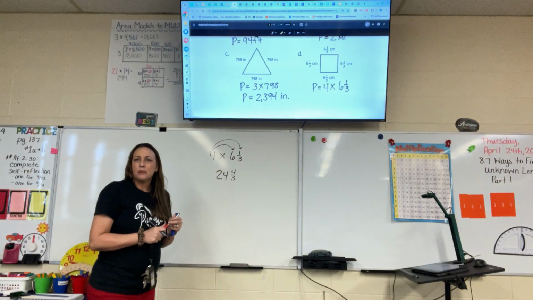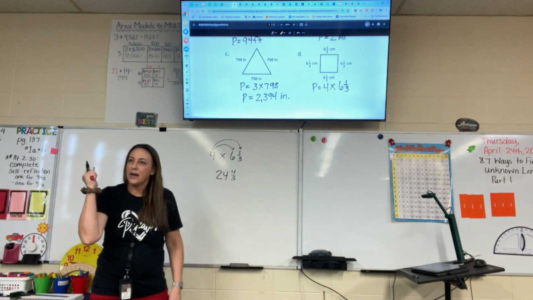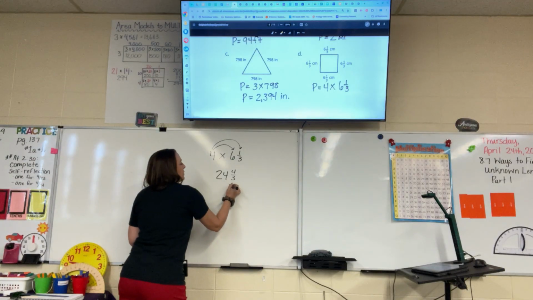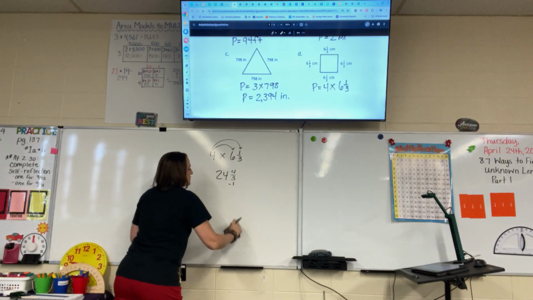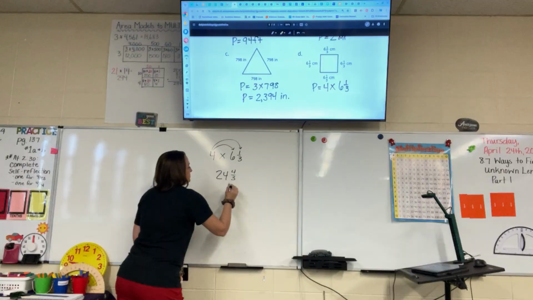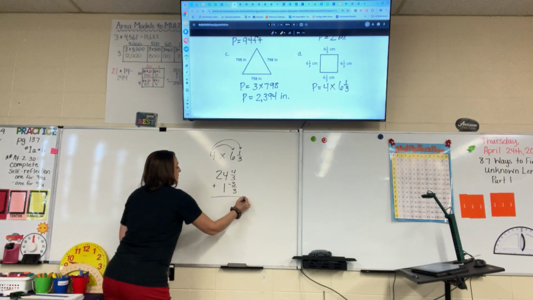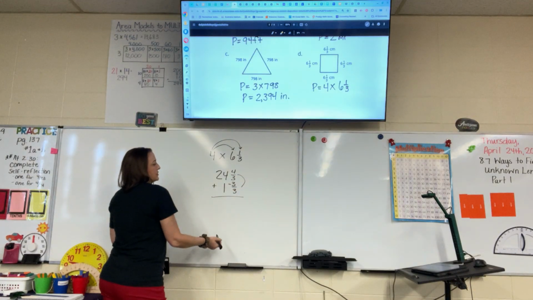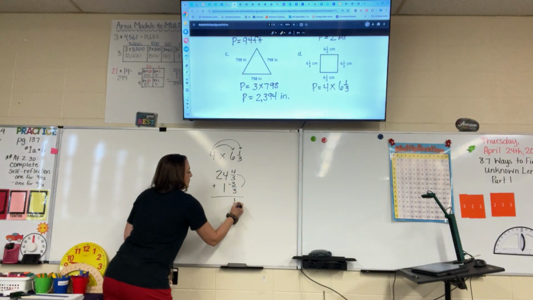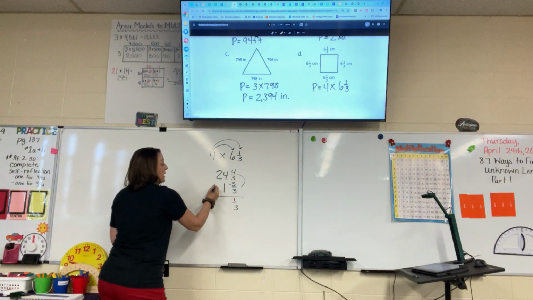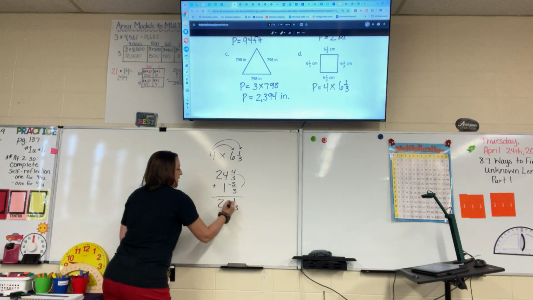Where do whole numbers belong? On the whole number side, right? So we're going to take away 3/3, which is a whole, from the fraction side and add it to the whole number side. So what's 4/3 minus 3/3? 1/3. And then 24 plus 1? 25.